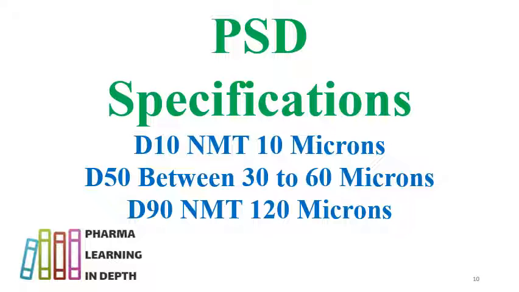So consider those things also. Consider plus or minus 5 to 10 microns as a limit for setting the D10, D50 and D90. Do not set limits like not more than 5 microns, or limits which are not possible at the analysis end.